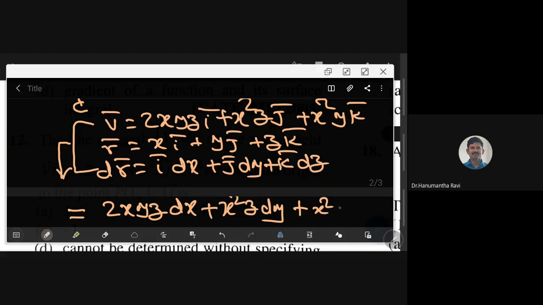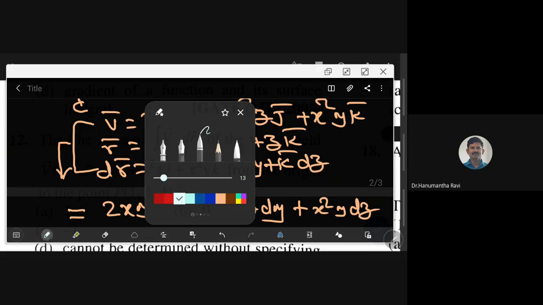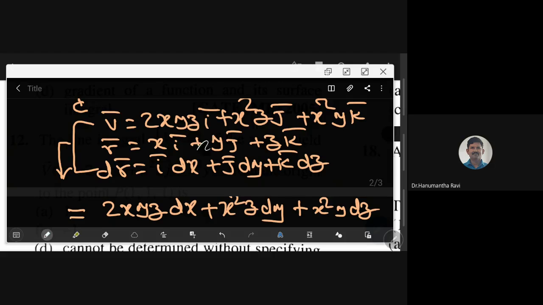plus x square y dz. So what we have done here? 2xyz into dx, x square z into dy, and x square y into dz.